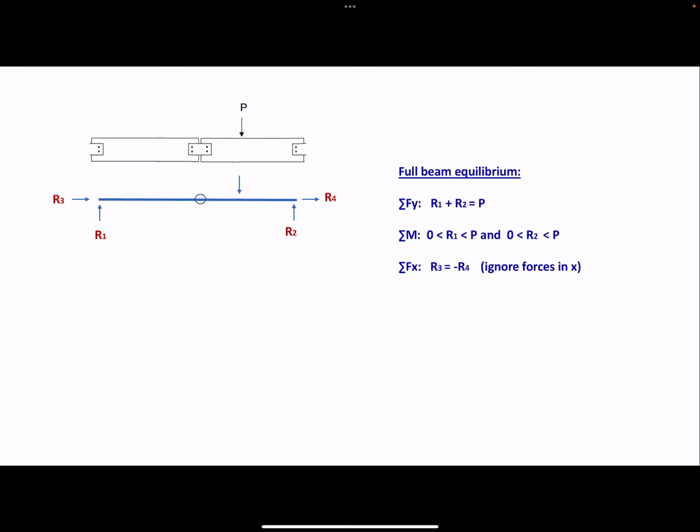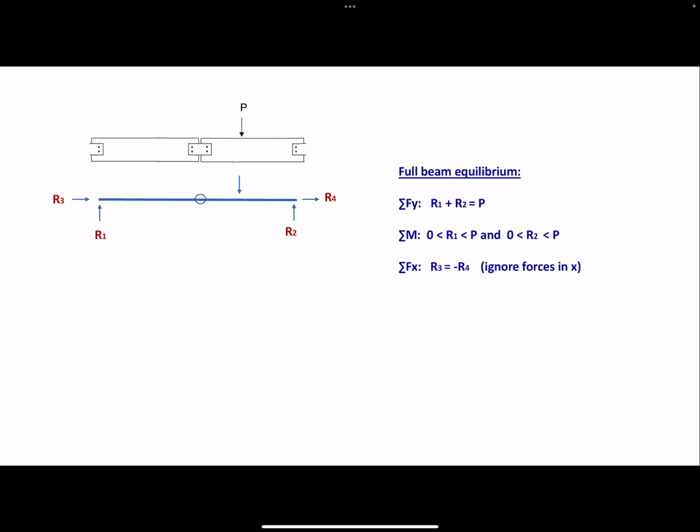So if we apply equilibrium to the entire beam, just to write the equations out, this is what we would have. We wouldn't be able to solve for anything just yet, but we would be able to conclude, if we sum moments, that the reaction force at the left end has to be some positive value, greater than 0, but it's not going to be as large in magnitude as the applied load P. And same with R2.